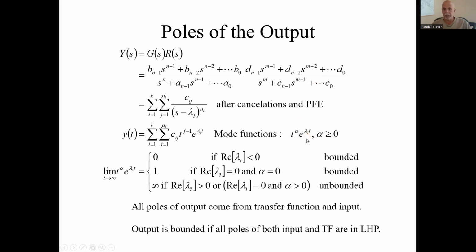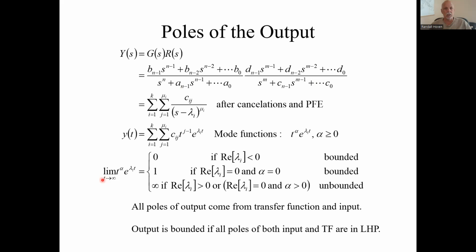Lambda could be complex, in which case this exponential term is oscillation, or a sinusoid in an exponential envelope. Whether that envelope is growing or shrinking depends on whether the real part of that pole is positive or negative. If the real part of that pole is strictly negative, this whole mode function is going to shrink to zero.